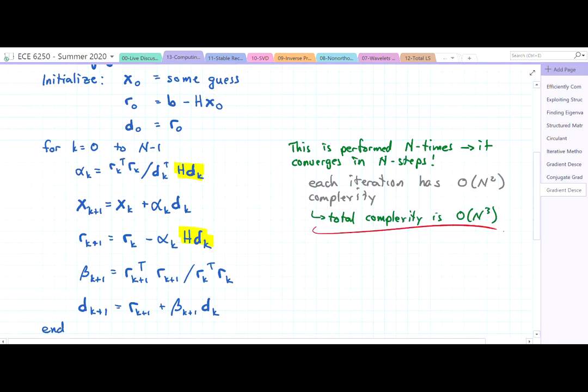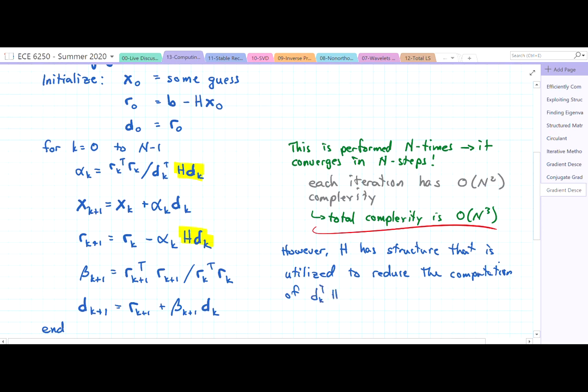However, H has structure that is taken advantage of, utilized, to reduce the implementation of doing our dk transpose H dk. So that helps a little bit.